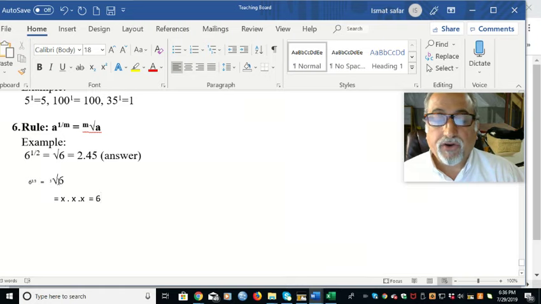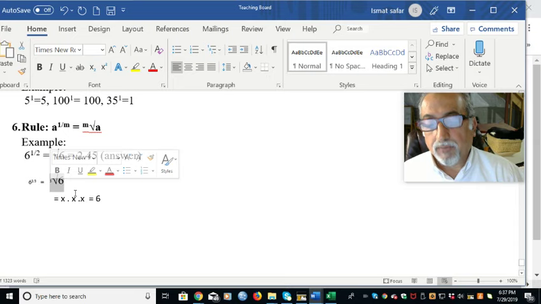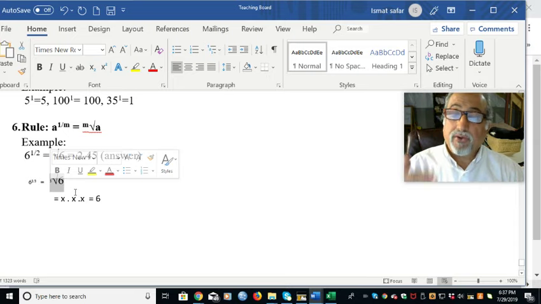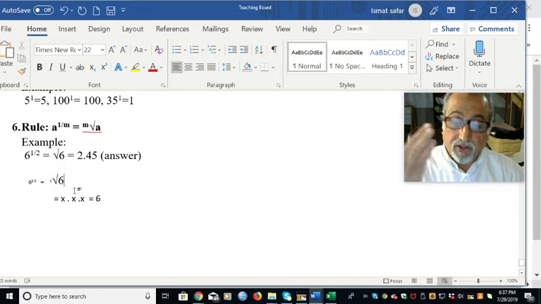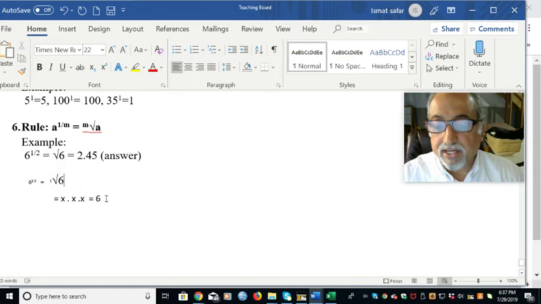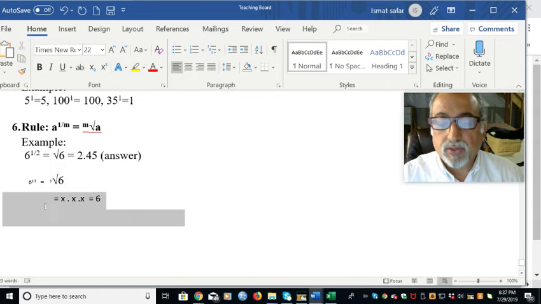So this is a number, right? What is the third root of 6? It is the number that, multiplied by itself 3 times, equals 6.